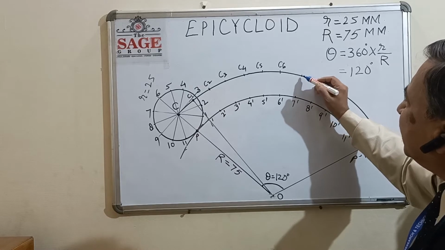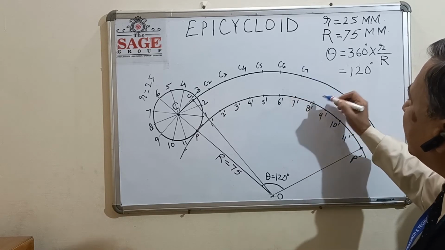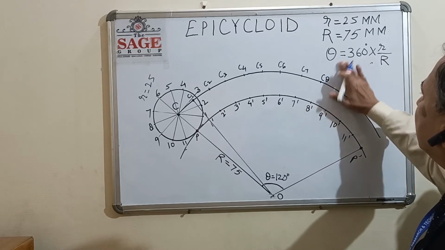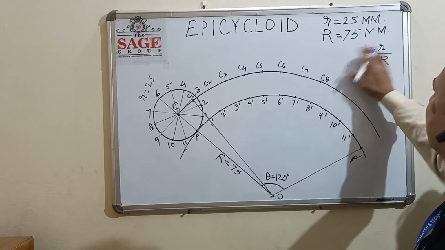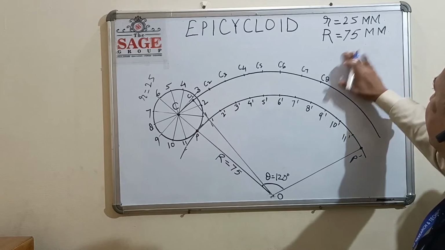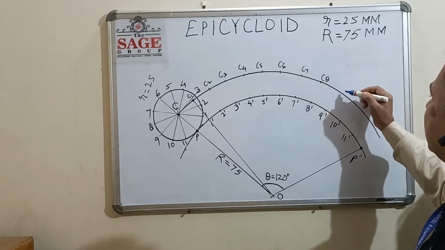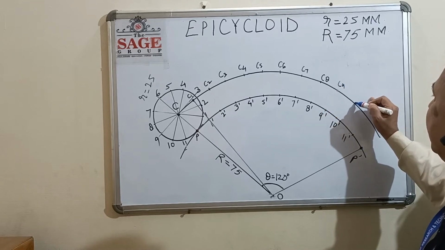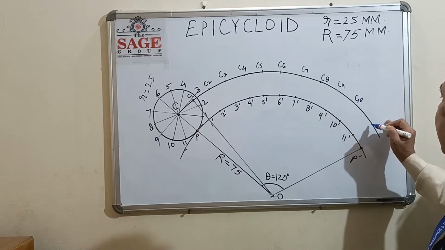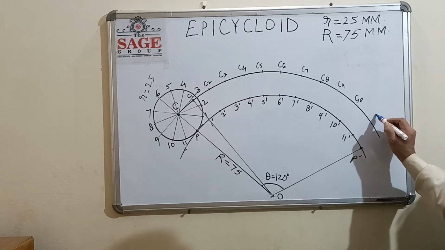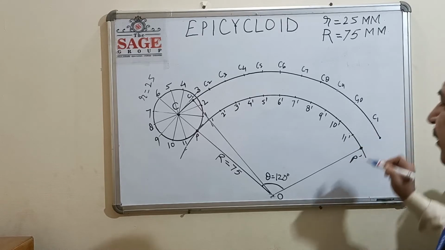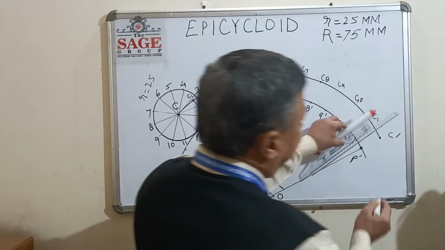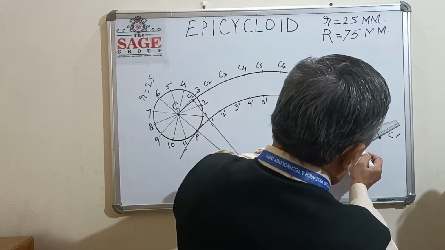It is necessary C7, C8, C9, C10, C11, and this point is C dash. We can extend this line also.